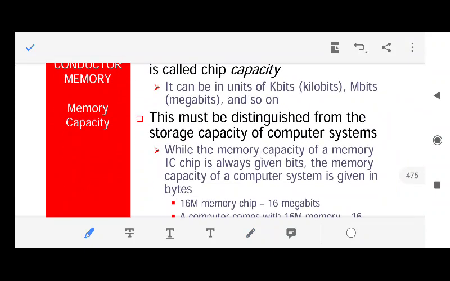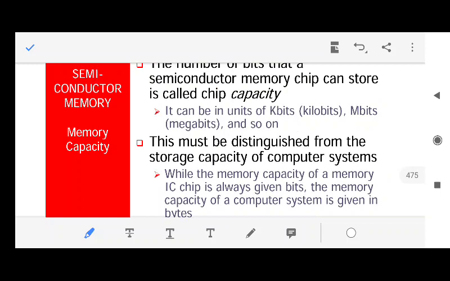So let us start. Before starting the connection between the microcontroller and the memory, I would like to explain to you how to define the memory. For example, if somebody says that 8051 consists of 4 kilobits of RAM, 4 kilobits of ROM, what does it mean?